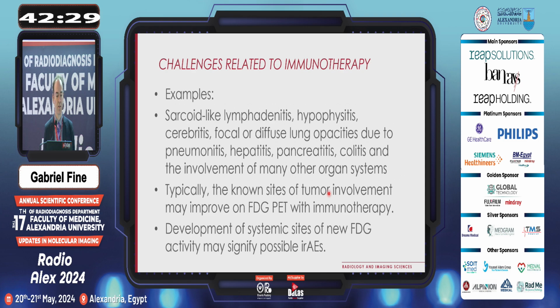So you can see sarcoid-like lymphadenitis, hypophysitis, cerebritis, focal or diffuse lung opacities due to pneumonitis, hepatitis, pancreatitis, colitis, many, many different things. And typically where you know your tumor is, that can be indicative that it's working. So that tumor itself can actually improve, while you see a lot of things elsewhere related to the immunotherapy.